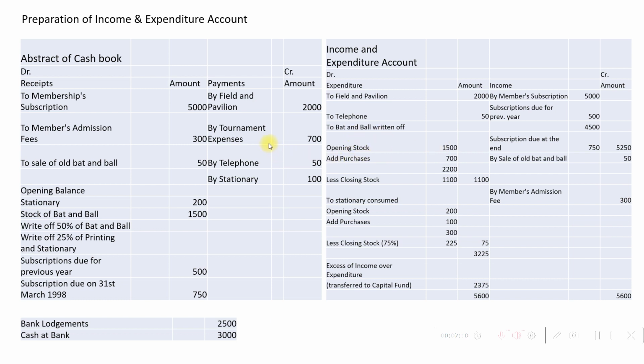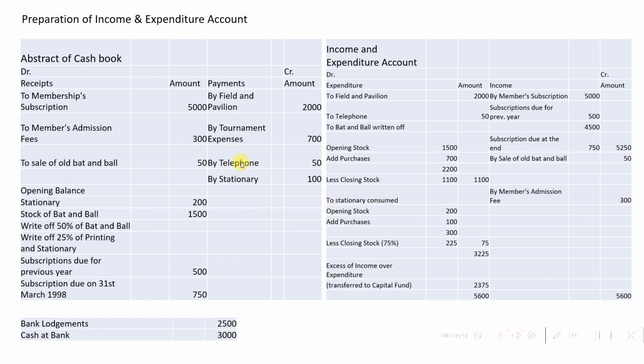We actually have spent 700, so by adding purchases, we get 1,500 plus 700, which is 2,200. 50% of bat and ball is written off. That means there is 1,100, which is the debit amount, or basically the expense of the income and expenditure account.